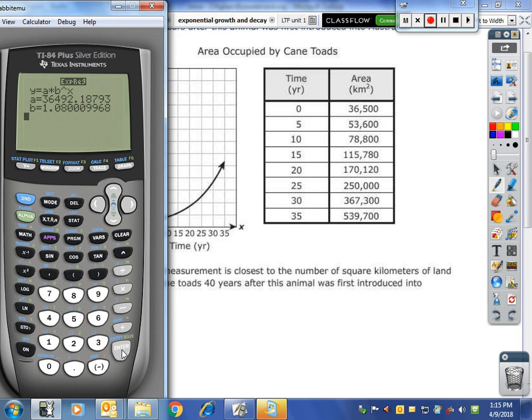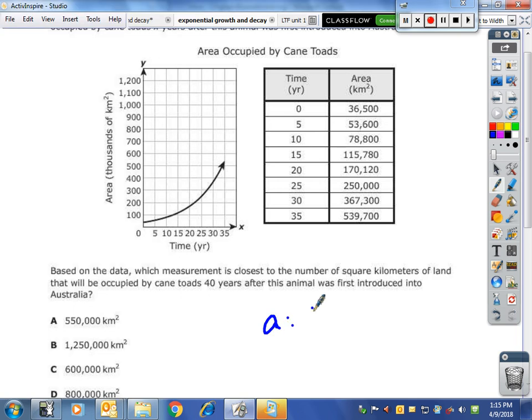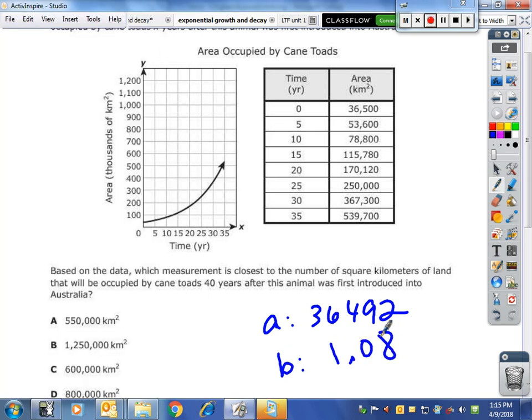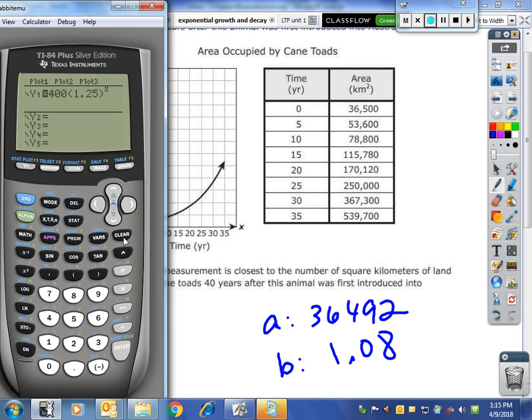Okay, so it's giving us an A value of 36492 and a B value of 1.08. So then I'm going to go to Y equals and put in 36492 parentheses 1.08. The calculator, when it's doing this for you, already adds the 1 in there to the x power. Now, where did I get that? From the calculator, when I did calculate exponential.